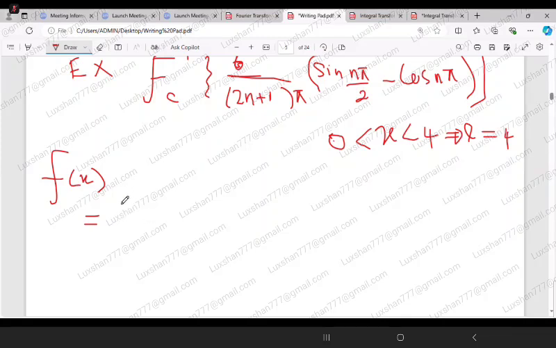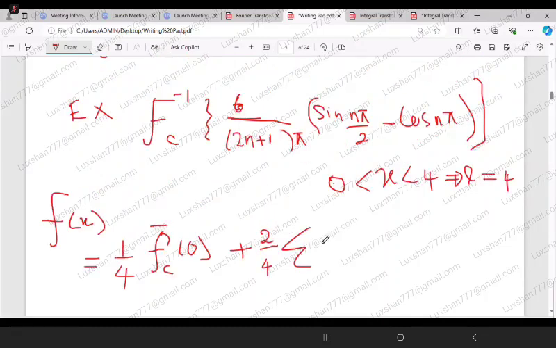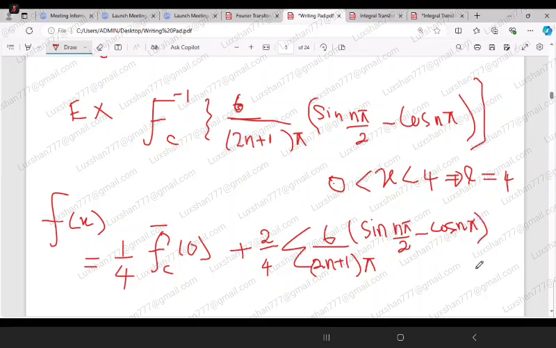Therefore, 1 over 4 into F bar c naught, plus 2 over L, summation of 6 over (2n plus 1) pi into sine(n pi by 2) minus cos(n pi), into cos(n pi x by 4).